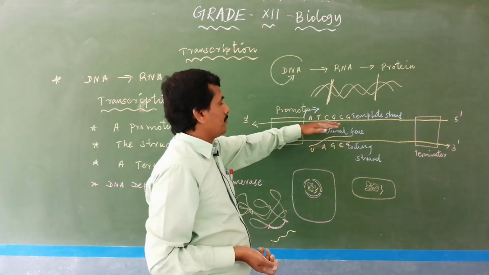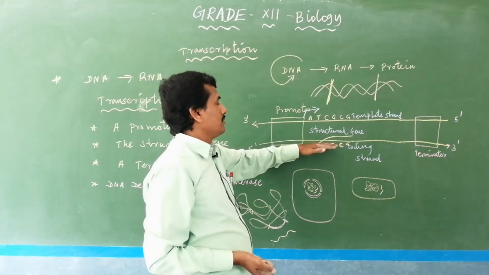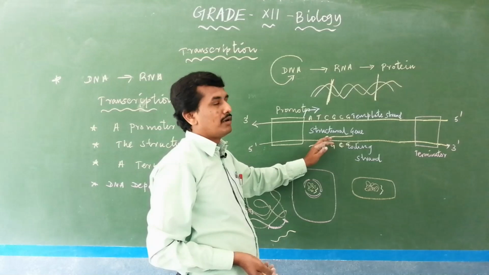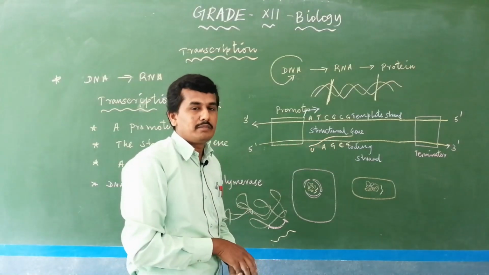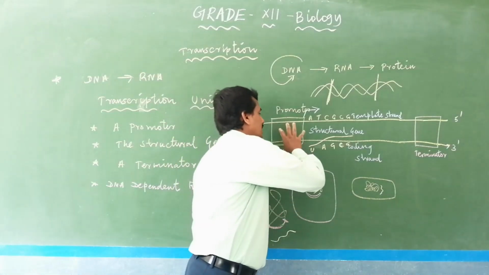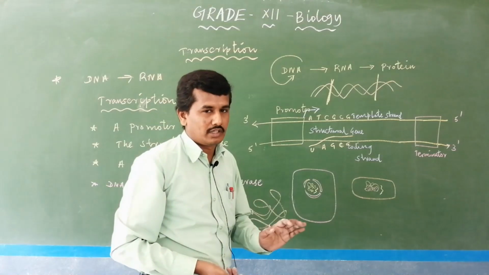So depending on the template strand, an mRNA forms opposite to it. This is mRNA, messenger RNA. In the DNA, the promoter region, terminator region and structural genes region are present.